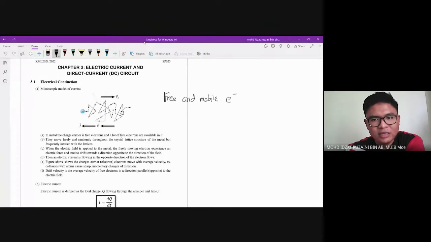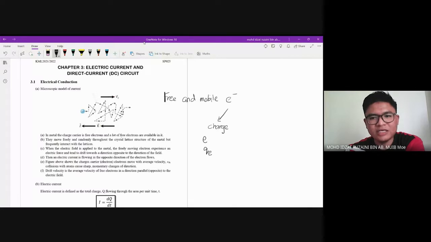Boleh. So elektron ini, kamu kena tahu dua benda lah tentang elektron. Pertama ialah kita ada dia punya charge. Kamu kena faham tentang charge of electron lah. Okay, so charge of electron, usually we use a symbol of E, or sometimes you may found in the books, they will use symbol of QE.